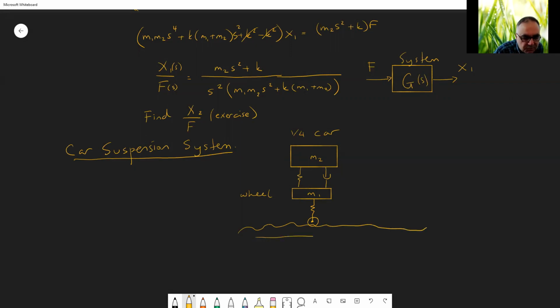The road is not very smooth. And there's a reference point, and this is R of t, the input. This is Kw, the stiffness of the wheel. This is Ks, the spring. This is B, the shock absorber.